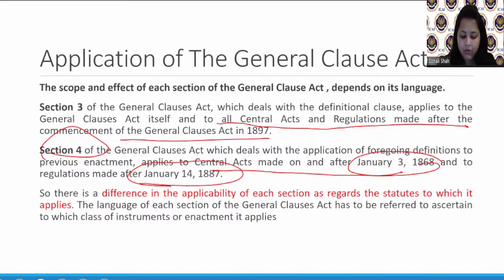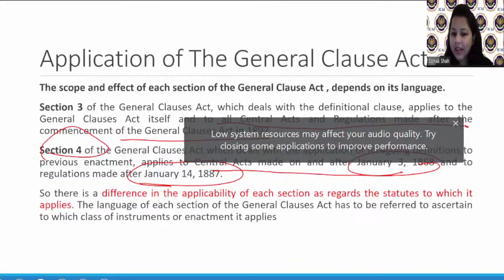So do not get confused here. Section 3 of the GC Act contains the definition. Obviously, an act, whenever it comes into force, it is applicable to legislation that comes into picture after that. So yes, all the words that have been defined will be applicable to all central acts and regulations that have come into force after the GC Act.